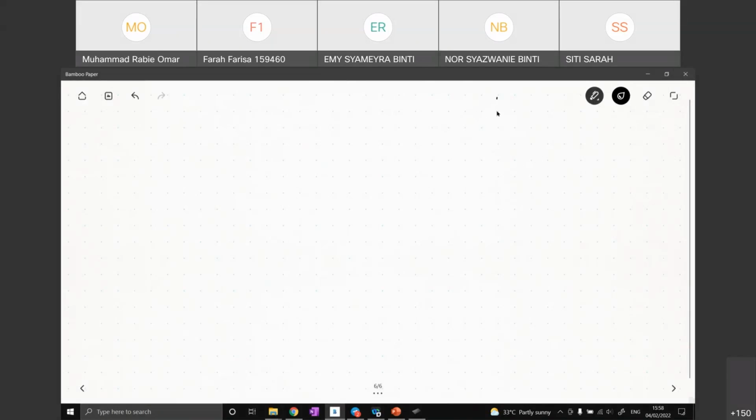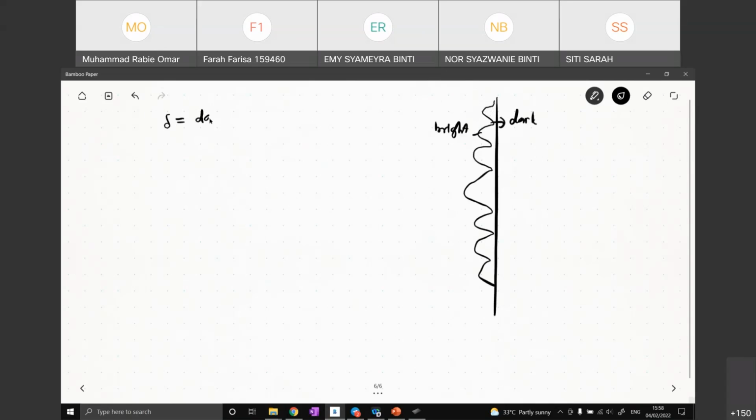If I draw my screen here and plot the intensity graph, it will look like this. This is the dark position, this is the bright position. Of course, we have our equation from just now, delta equals dA sine theta.